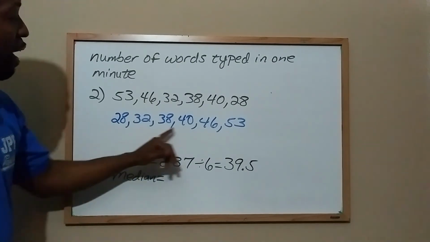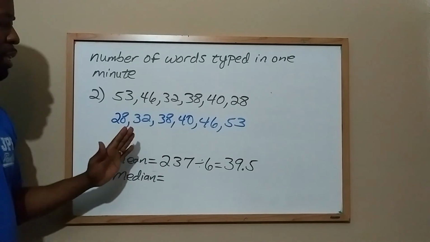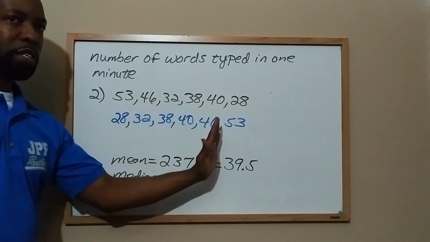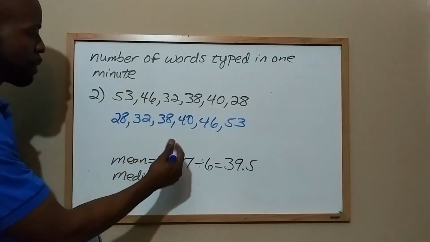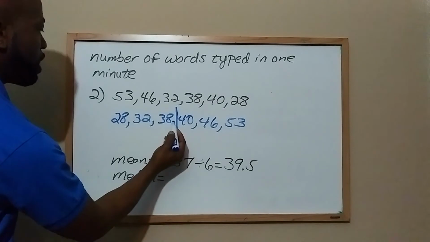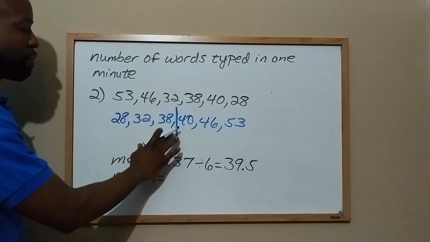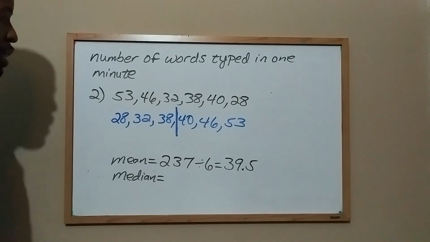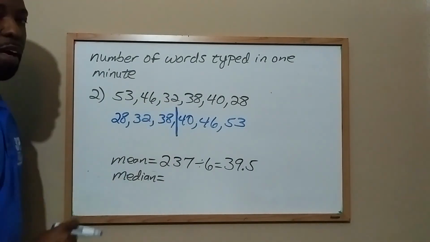But I know that half of 6 is 3. So if I do 3 on one side and 3 on the other side, that would give me my middle number. So let's split it right here. Now I have 3 to the left of that line and 3 to the right. So in order to find my median, in this case, I need to find out what number goes where this line is.